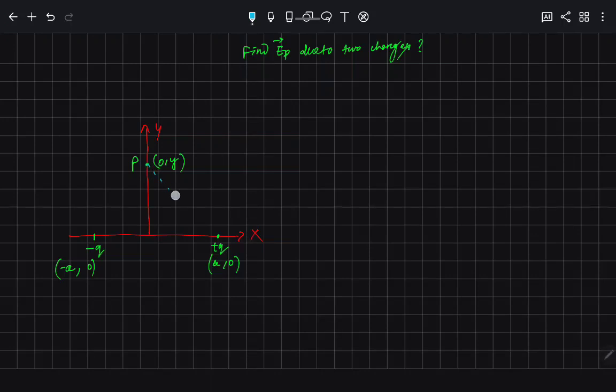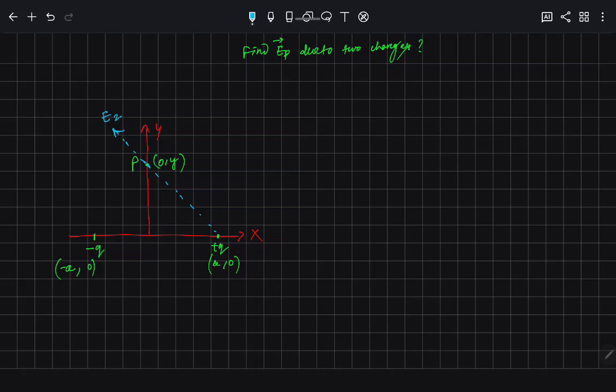So it should be radially outward, and it will be along this direction. Let's keep this one E1, or you can put E2 also.